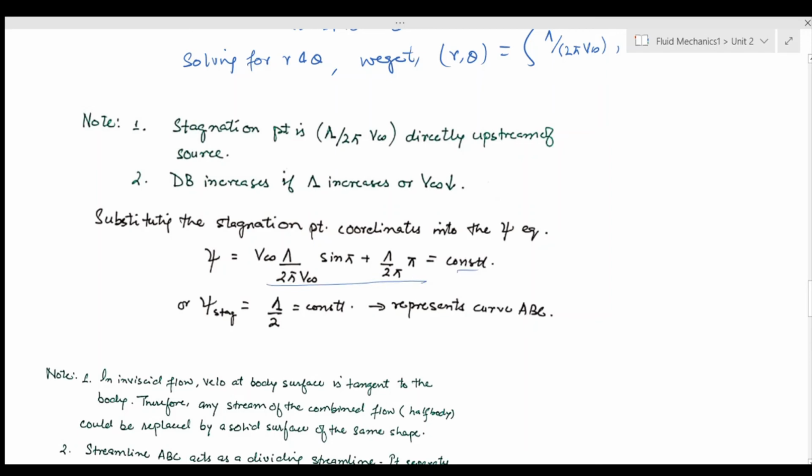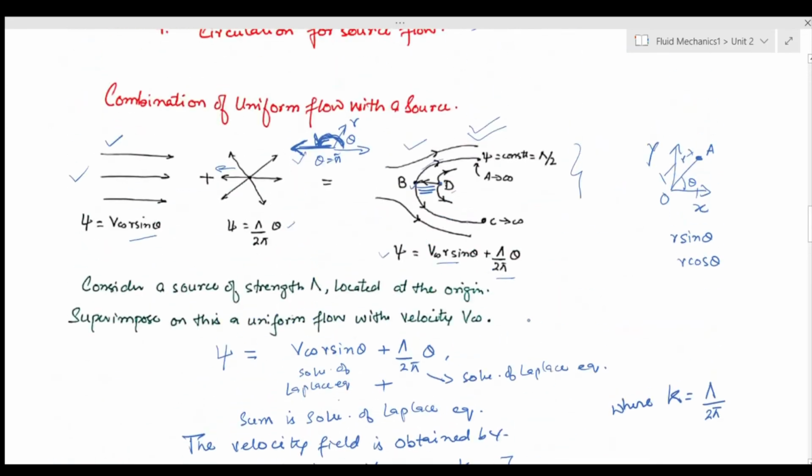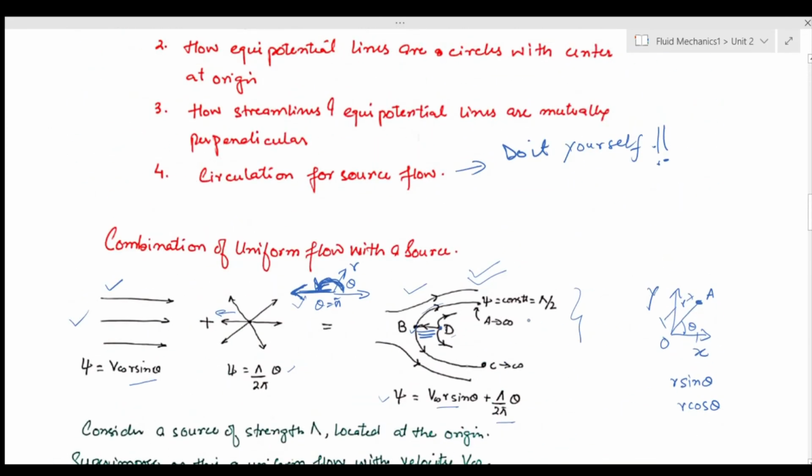This is a singular streamline, so my stagnation streamline would be nothing but capital lambda divided by 2, and this actually represents the curve ABC.